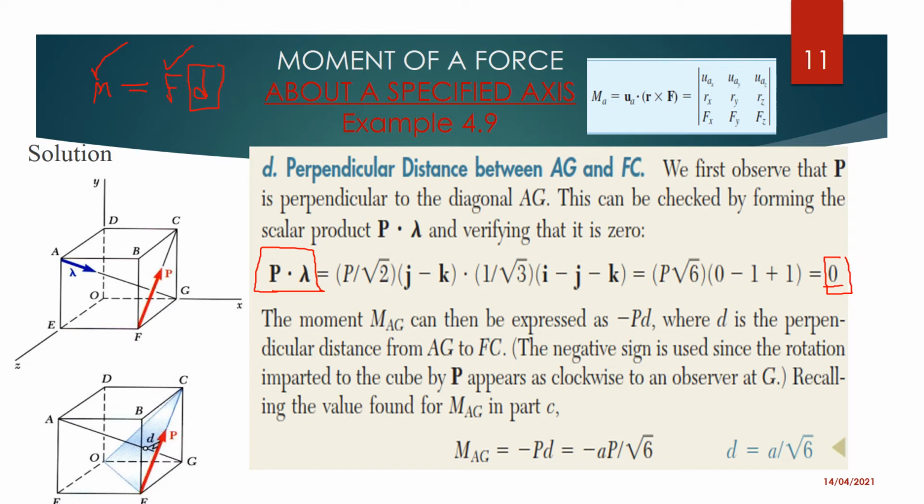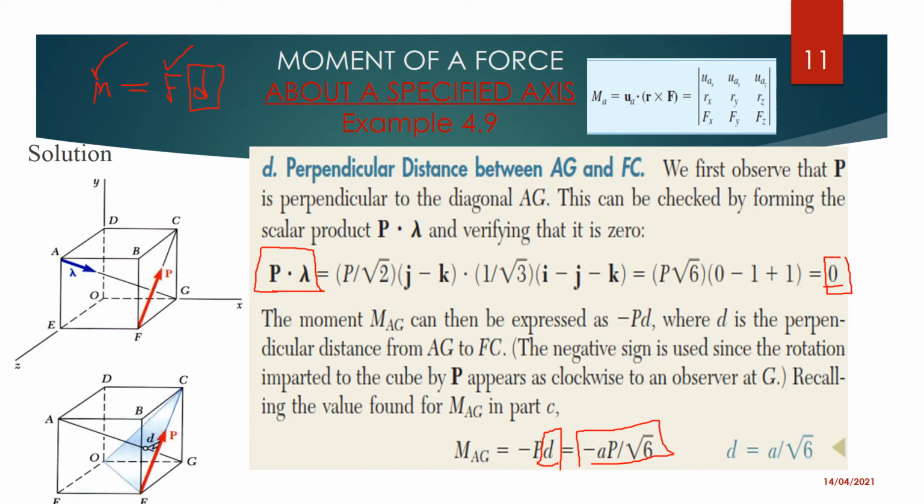Can you remember that we got the moment about AG, which was negative AP over root 6? So the only unknown is the d, the perpendicular distance.